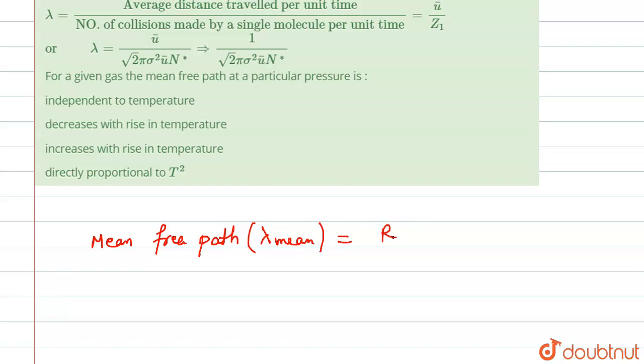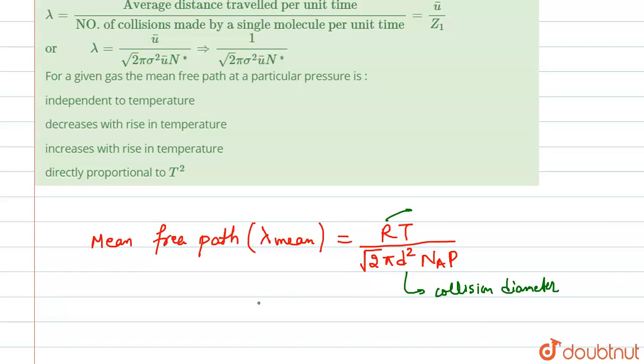This is actually RT divided by root 2 pi d square Na P. If we look at the formula, R is the gas constant, T is our temperature, d is the collision diameter, Na is of course the Avogadro number, and P is the pressure.